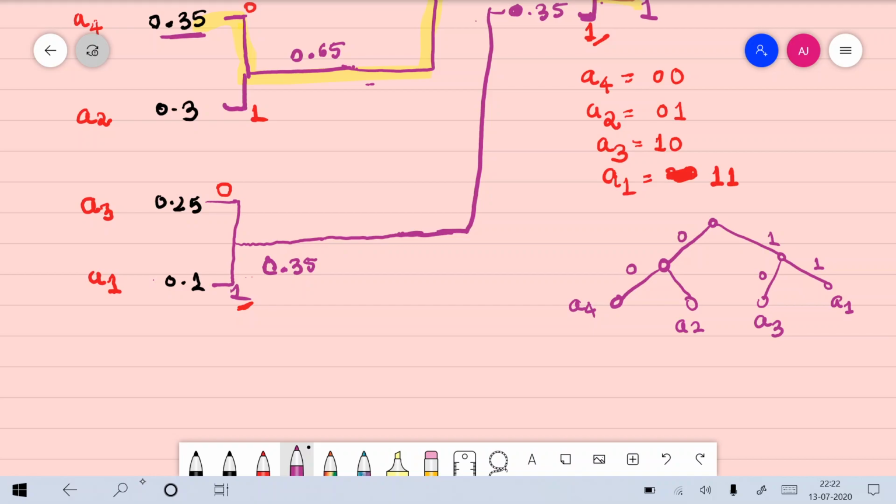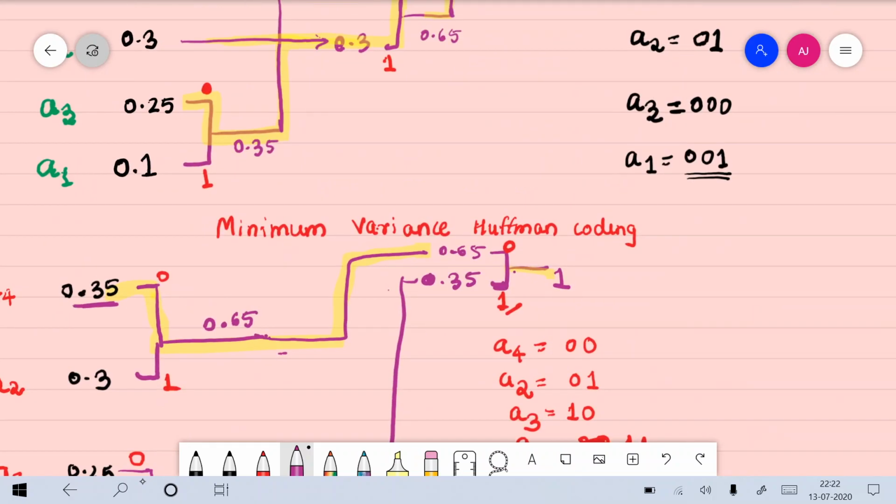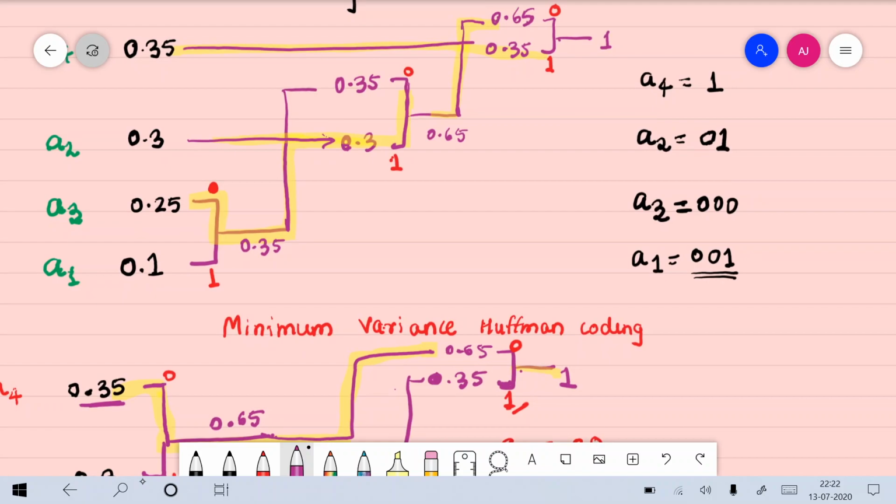Actually, if you calculate the average length, you will not find much difference. You are supposed to calculate the average length and tell me. I can see 2 bits for everything, and the probability also I have to multiply here. 2 bits are 3, whereas you have 1 letter which is 2 bits, and 1 letter which is 1 bit.